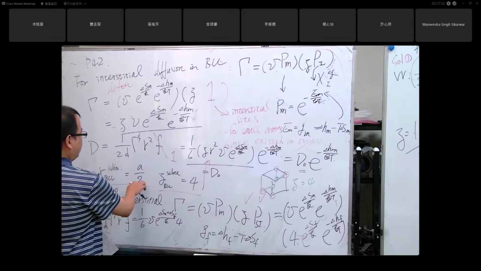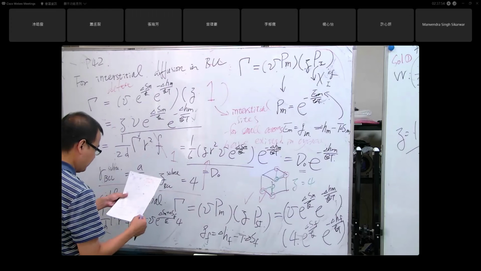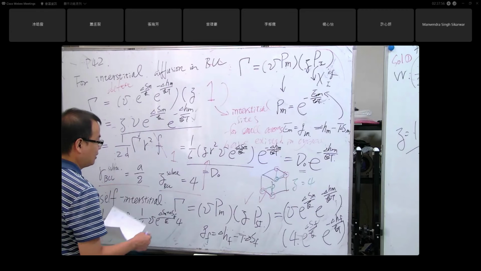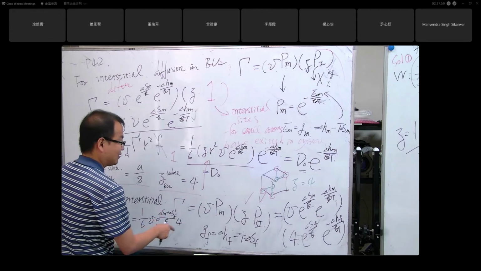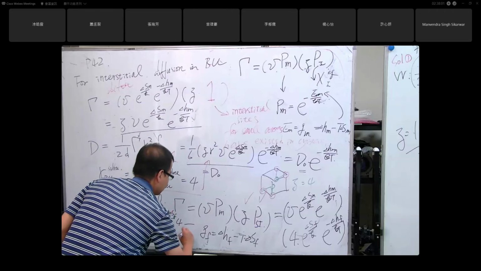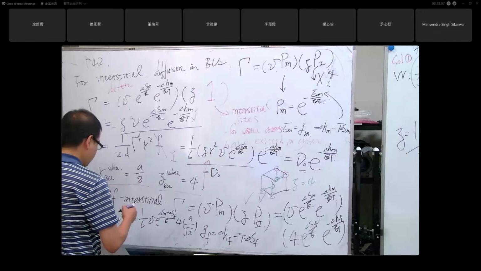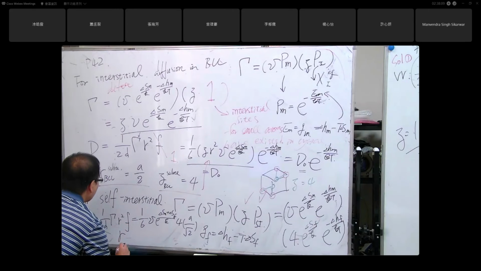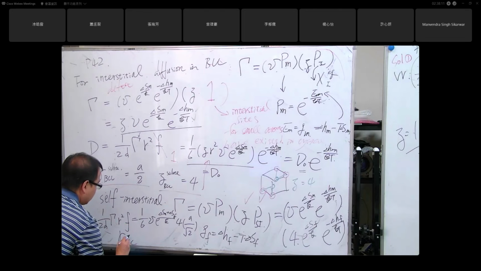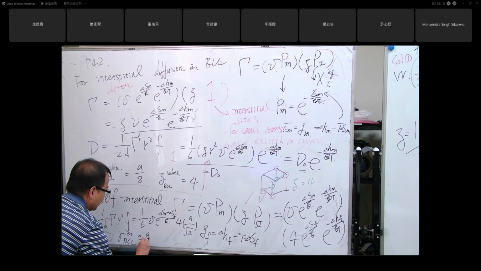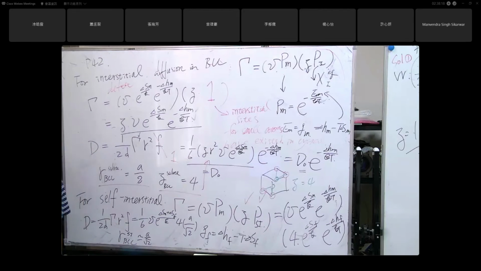And the distance for the atom, let me see what that is. It changes. So be careful. The R squared right now is different. R squared approximately is like this. The R squared changes. For BCC, the self-interstitial approximately is divided by square root 2.